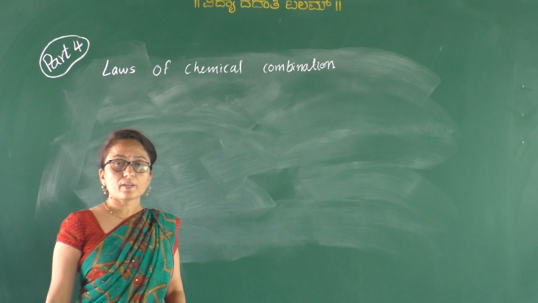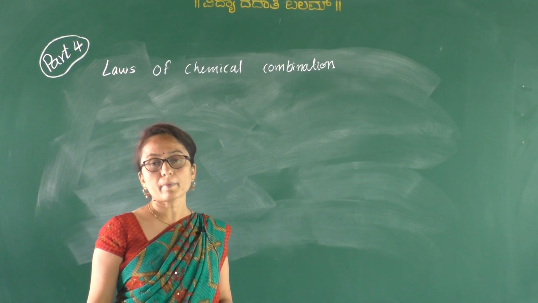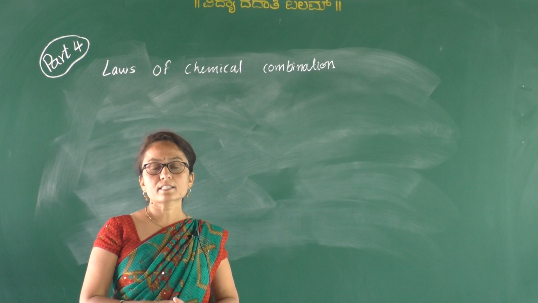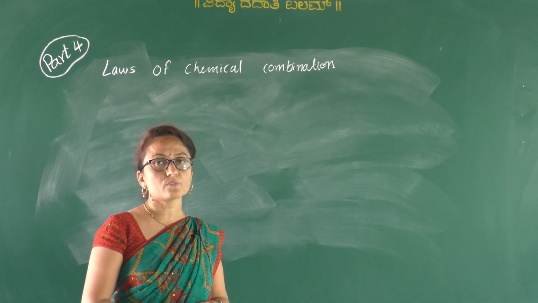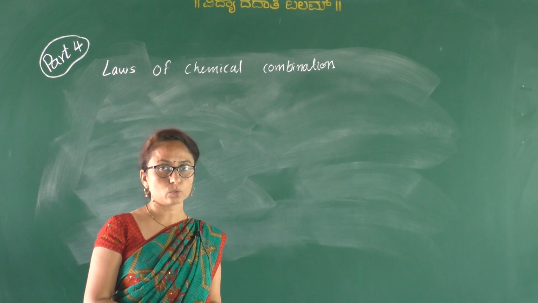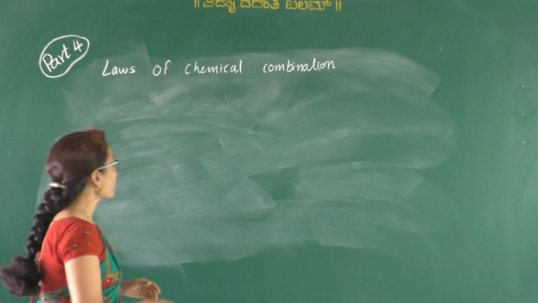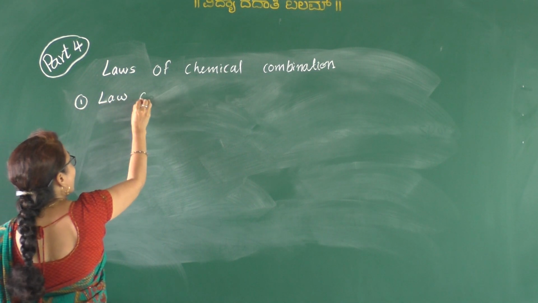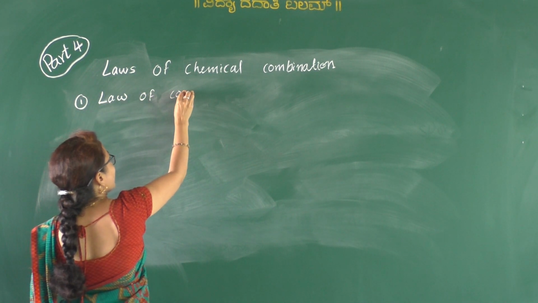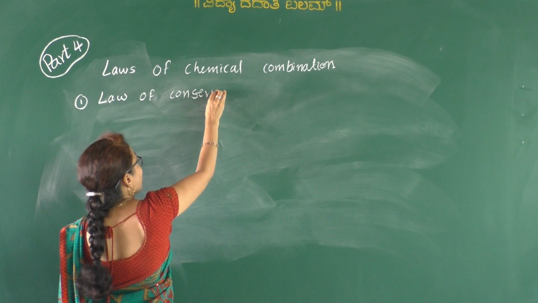When elements combine to form a molecule, it is governed by certain laws. We have 5 laws which govern the combination of atoms to form molecules. The first one is the law of conservation of mass.